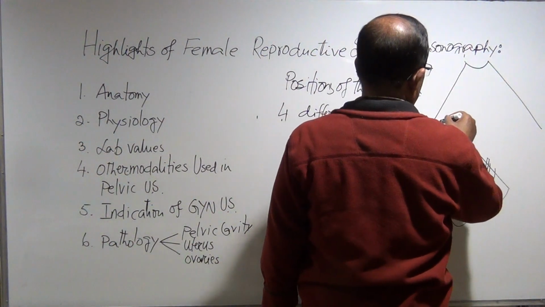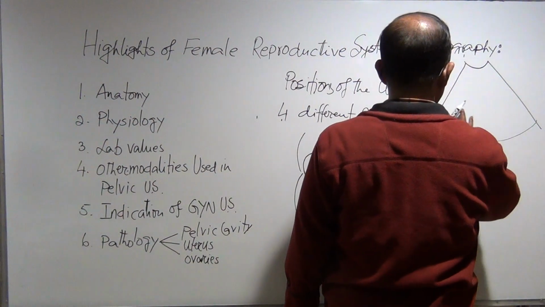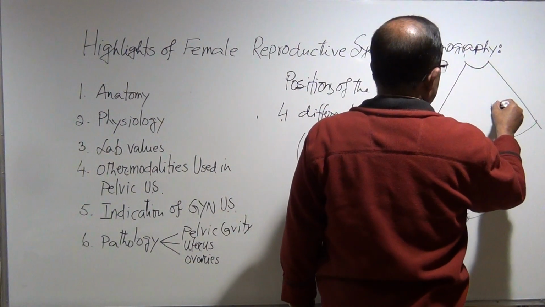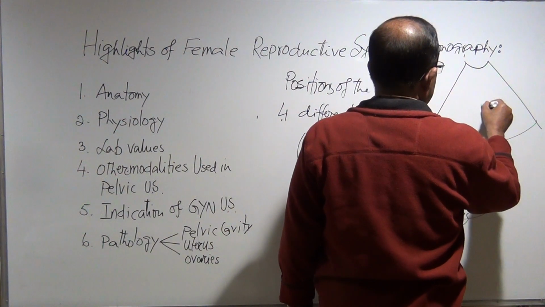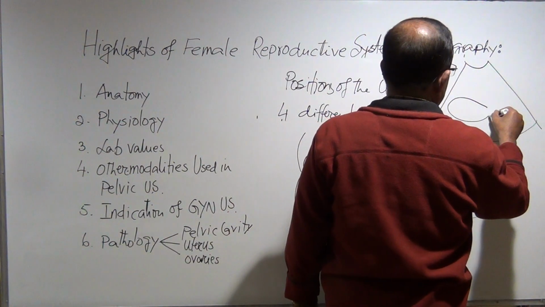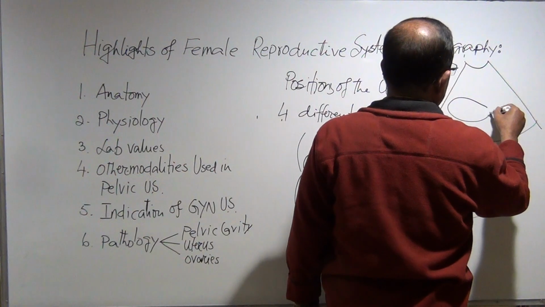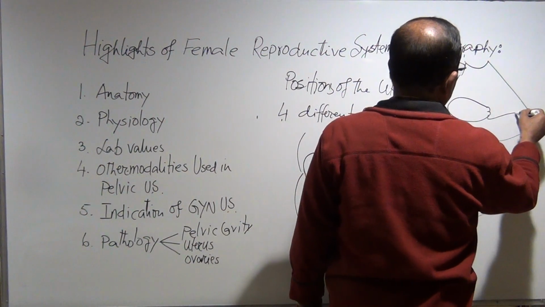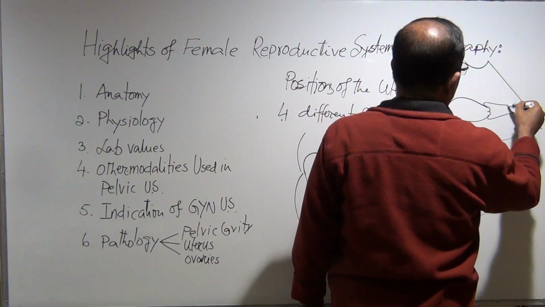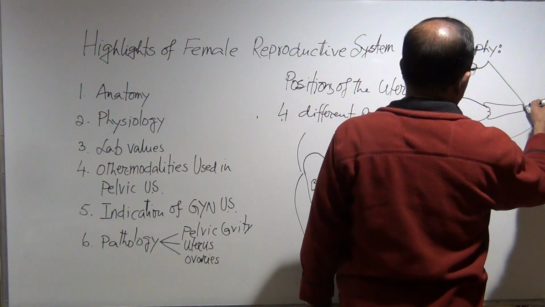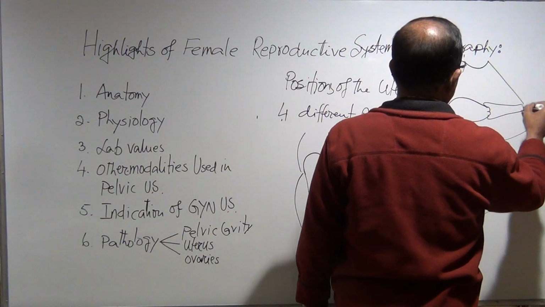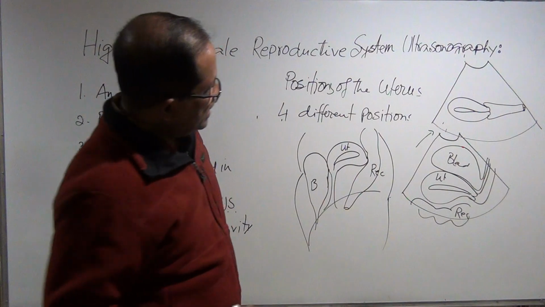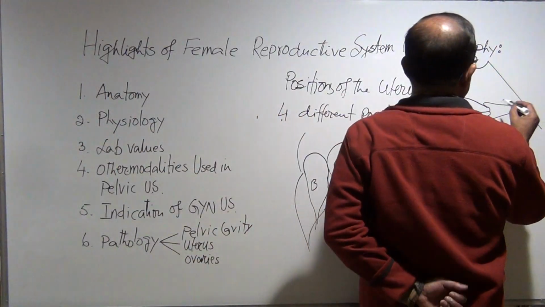When the bladder is really good full, then you will see the uterus and the fundus, and the vagina.